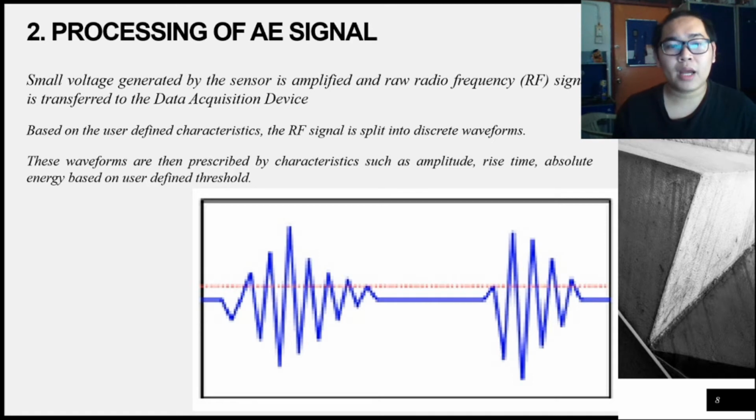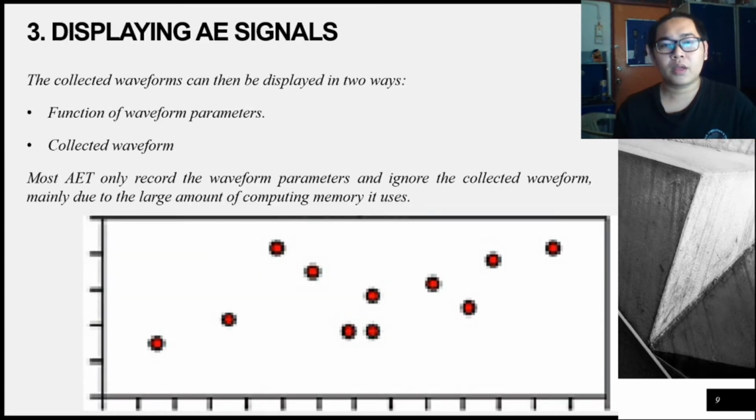These waveforms are then described by characteristics such as amplitude, rise time, and absolute energy, based on a user-defined threshold. And the third is displaying AE signals, where the collected waveform can be displayed in two ways. The first is as a function of waveform parameters, and the second is as the collected waveform.